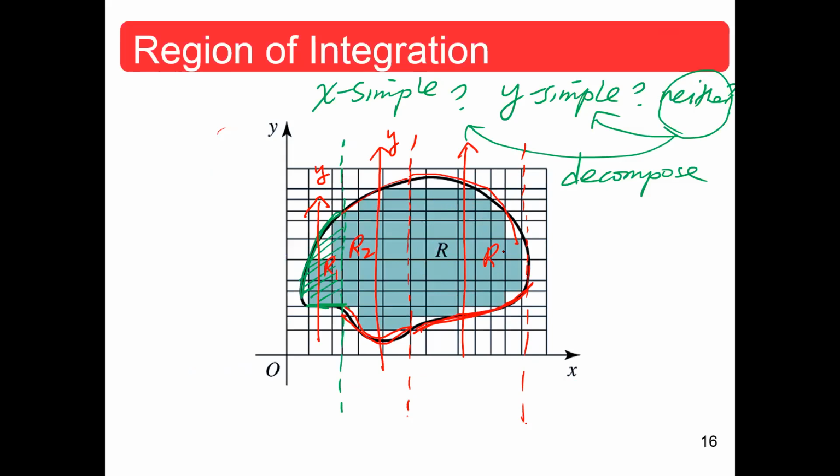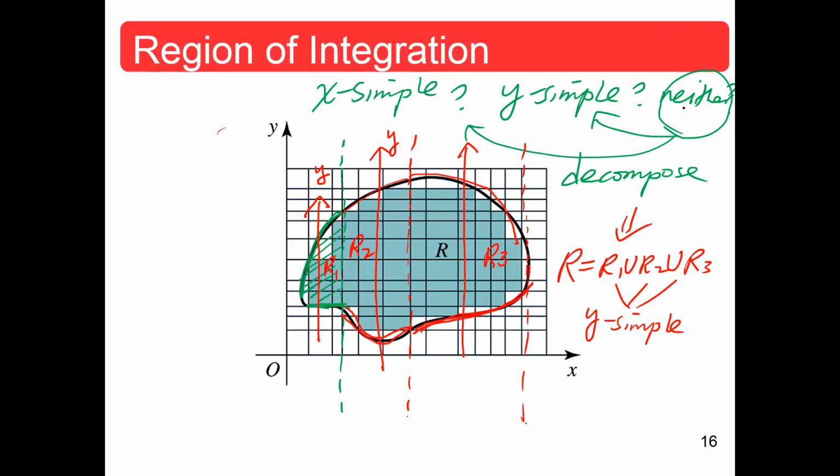So this will be region R3. So this big region R could be decomposed into R1, R2, and R3. So region R would be R1 union R2 union R3, and all of those are y simple regions.